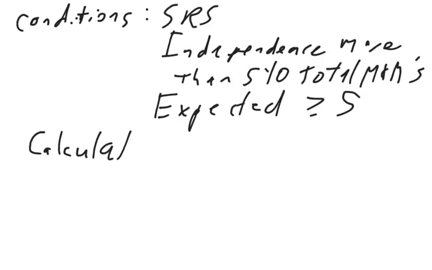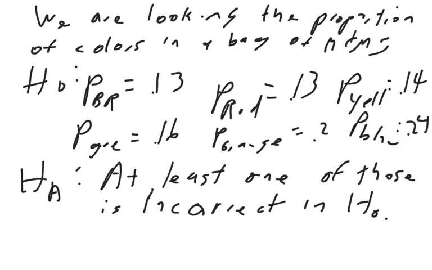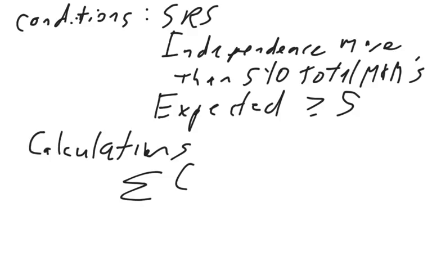Calculations. The summation of, and of course we are doing a chi-squared goodness of fit test. Chi-squared GOF, alpha equals 5%. Always want to name what we're doing.